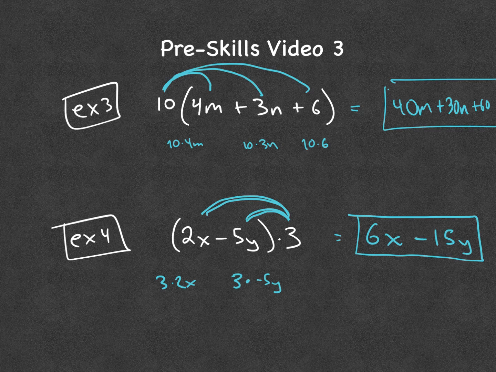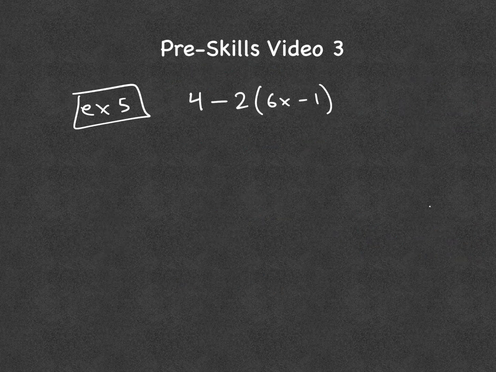Last example. Example 5 here. On this problem, it says 4 minus 2 times the quantity 6x minus 1. And so here we have to remember our order of operations, going back to good old PreSkills.